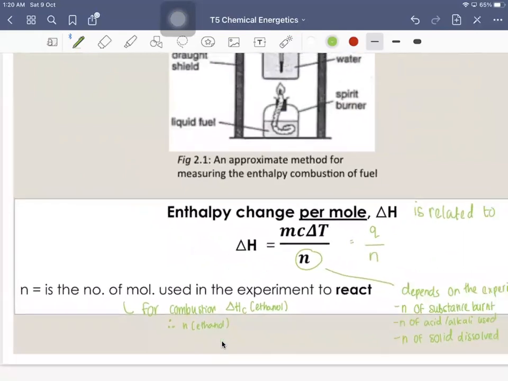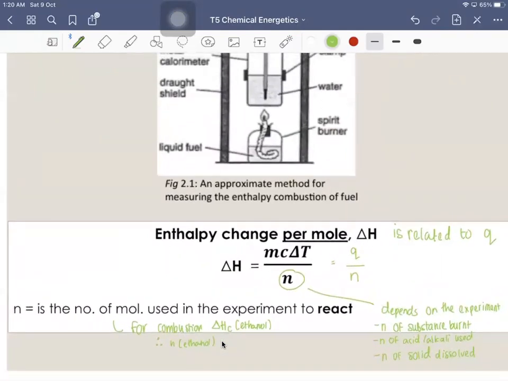Another thing that's missing from this is, delta H is the enthalpy change per mole, and the unit is kilojoules per mole.